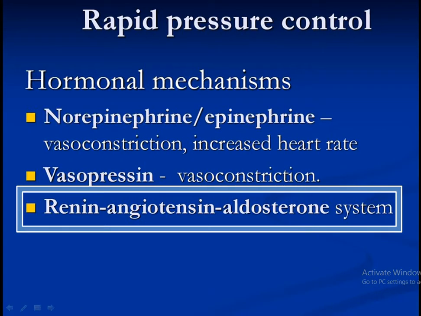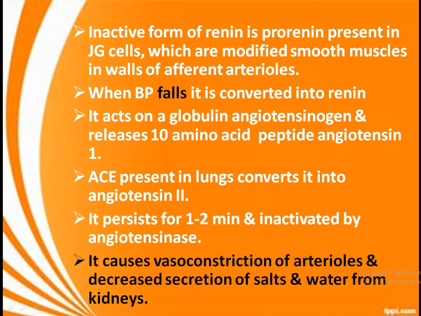The renin which is secreted is actually present in inactive form in the kidney, that is the prorenin, and this inactive form is present in the juxtaglomerular cells.